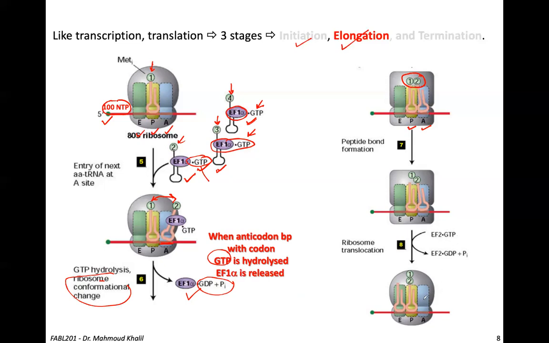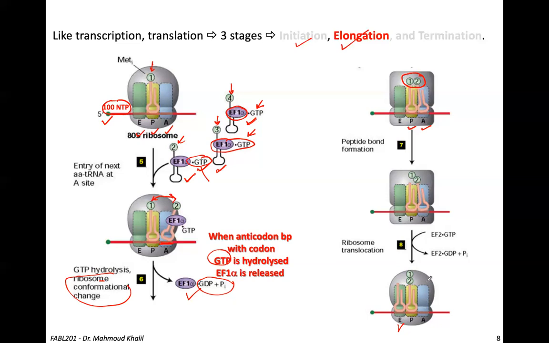You can see now that the translocation of the ribosome on the messenger RNA led to the movement of the transfer RNA, which is now free of amino acid, to sit in the E site, while the transfer RNA which holds the two amino acids, or the growing polypeptide chain, will sit in the P site.